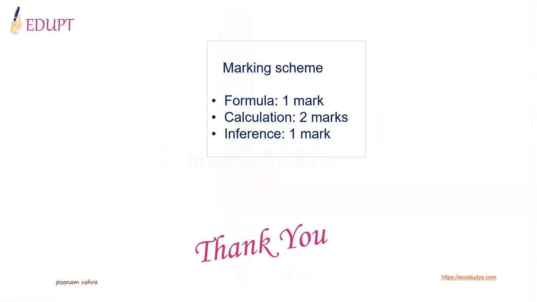For numerical question, remember that 1 mark is always devoted for writing the formula correctly. 2 marks are given if your calculations are correct, and marks get deducted if there is any wrong calculation anywhere. And inference is a must, and 1 mark is devoted for writing the inference correctly.